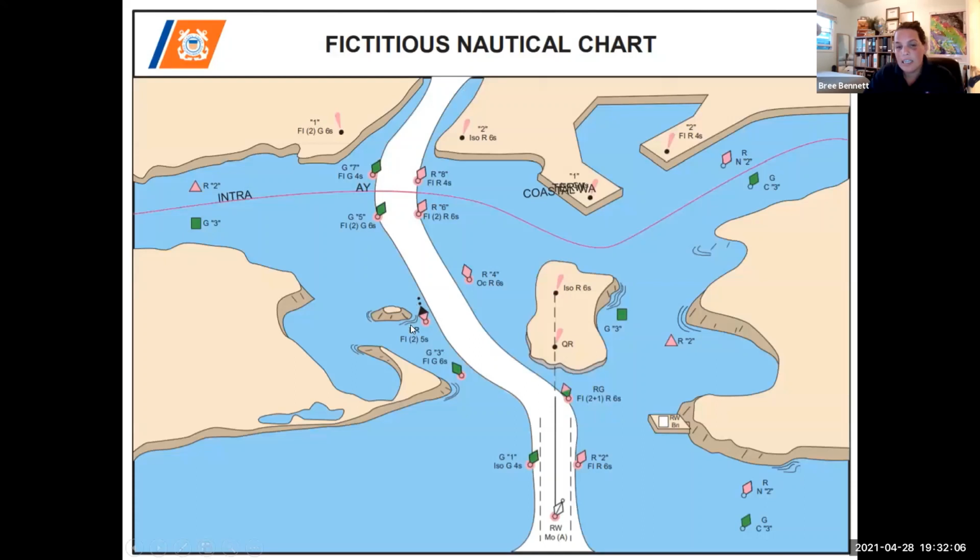Our isolated danger buoy is over here, and we have the double top marks, and it is mostly black with a band of red, and it has a light on it because it has that magenta stamp. So the light is flashing two flashes every 5 seconds.